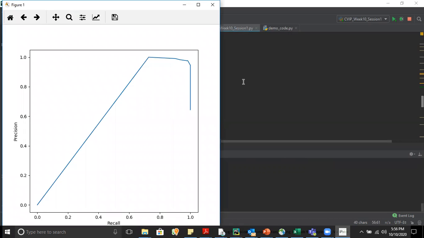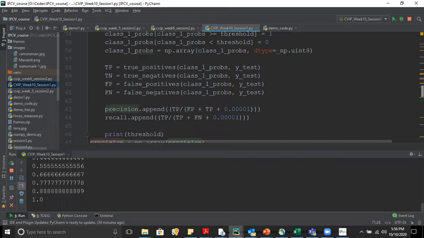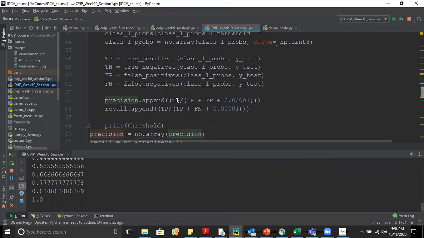Okay, see what is the precision that we talked about last time, right? So let's go back and try to understand what is precision. Precision is calculated as true positives by false positives plus true positives. What does it mean? True positives plus false positives will give me the total number of examples which are classified as class 1, that is, classified into breast cancer.